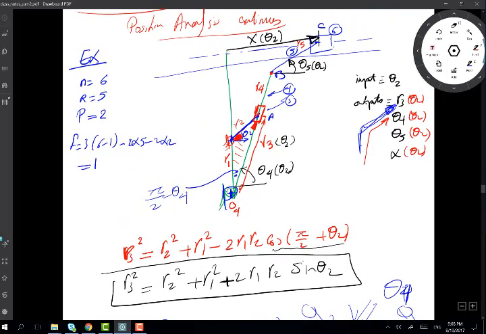How about theta 5? To move into theta 5, I get out of those triangles, and if I take this distance here, expect this distance to be fixed. That's constant h, the given distance from the pivot O4 to the path of the slider type thing.